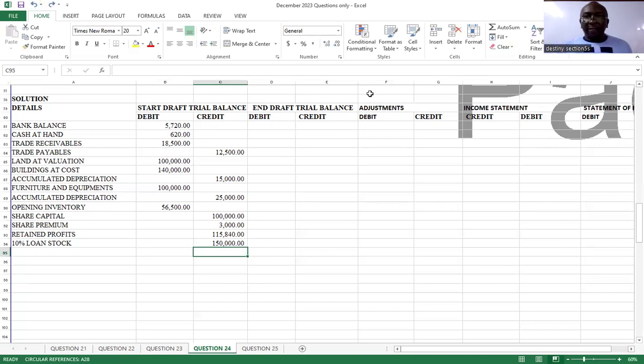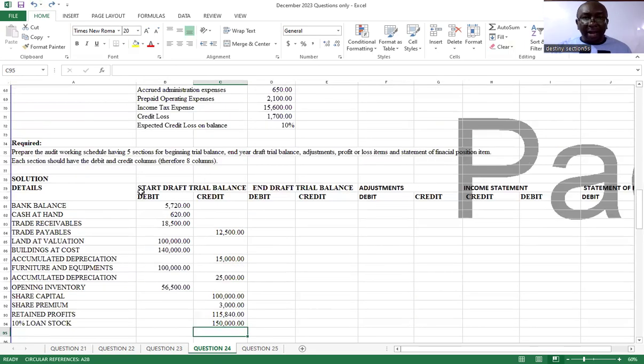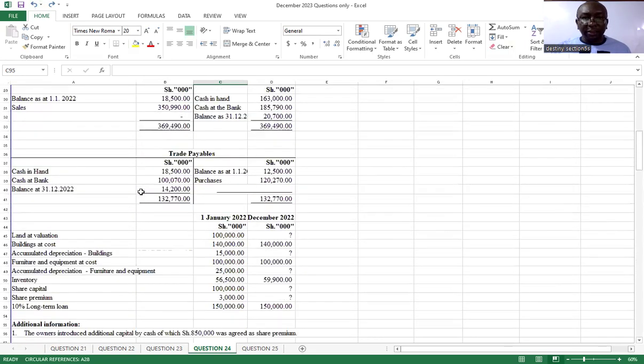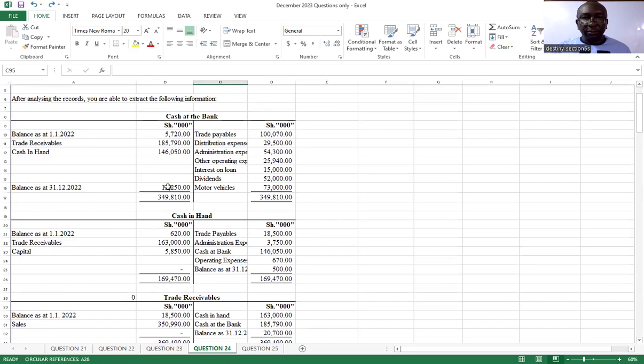Good. Now from there, we need to go to the other items so that we see how they are going to affect us. So we come back to this account, this one. You can see this account, the cash at bank, it has several items. So we pick the items which are appearing in this account and we have not so far captured them.